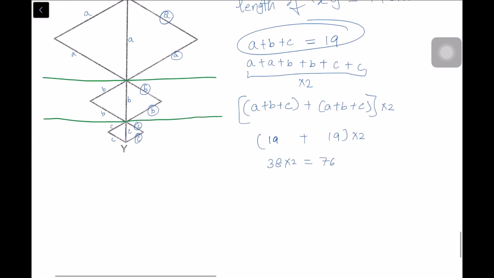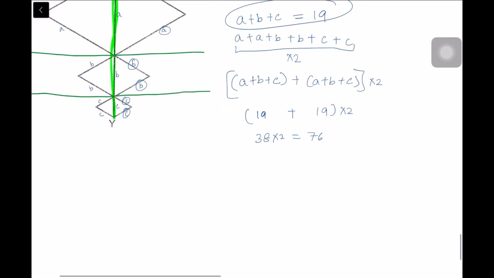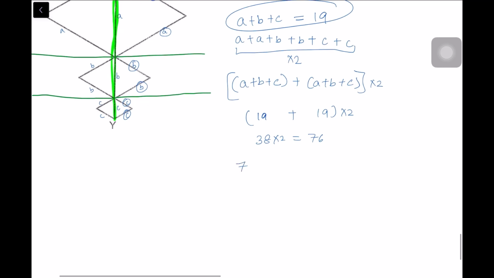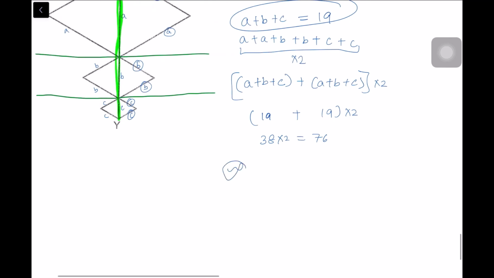And now the important thing is, we must not forget the copper wire used for the inner bases of the triangle. So we have 76 centimeters. The perimeter is equal to 76 centimeters, right?